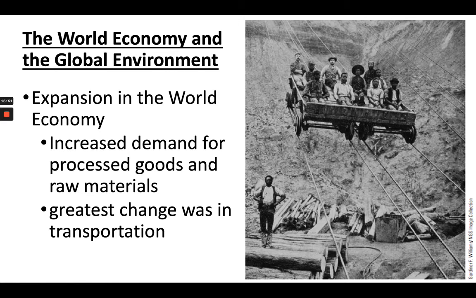The growing need for these products could not be met by the traditional methods of production and transportation. So the imperialists brought their colonies into the mainstream of the world market and introduced new technologies. The greatest change for all of this is going to be transportation. Canals, steamships, harbor improvements, railroads all cut travel time and lowered freight costs.